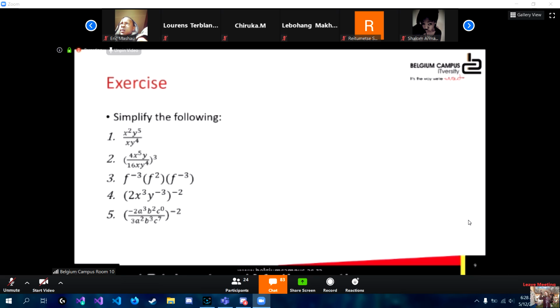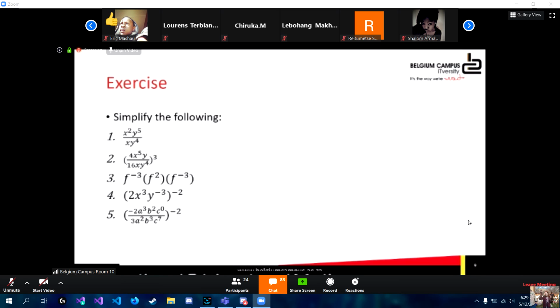So when you break it down, it's the same as 1/4 to the power of 3, x to the power of 4 to the power of 3, y to the power of minus 3 to the power of 3. Then you can simplify using rule number 3.